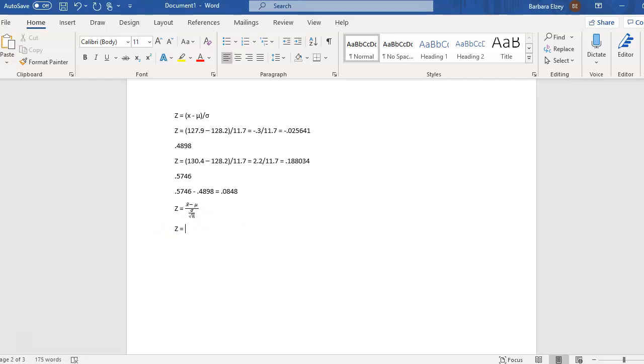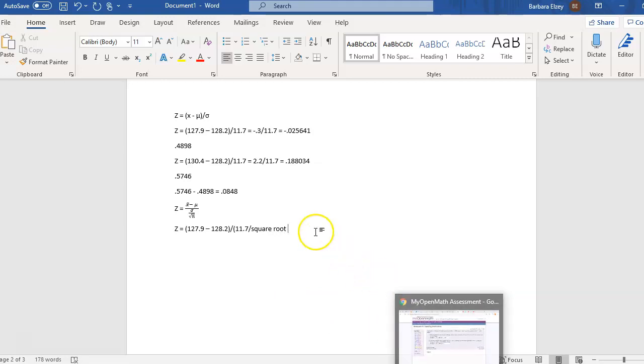So let's start with our value of 127.9. You'll notice the top really doesn't change. What is going to change is the bottom. We're going to have 11.7 divided by the square root of 212.